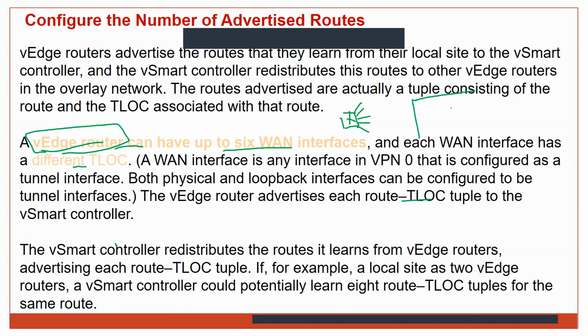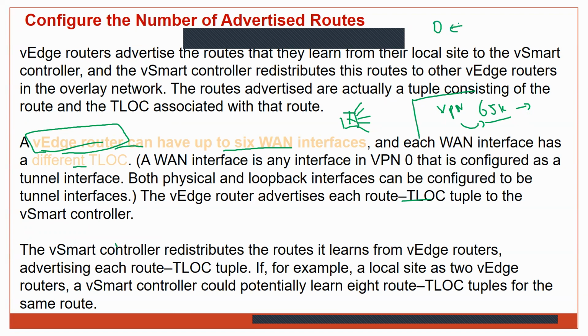Your question is right. Maybe you heard that we can create 65,000 VPNs. But practically, can we create 65,000 VPNs? I think there are some limitations: VPN 0 and VPN 512 are reserved, and in between, VPNs 1 to 511 are for the service side.